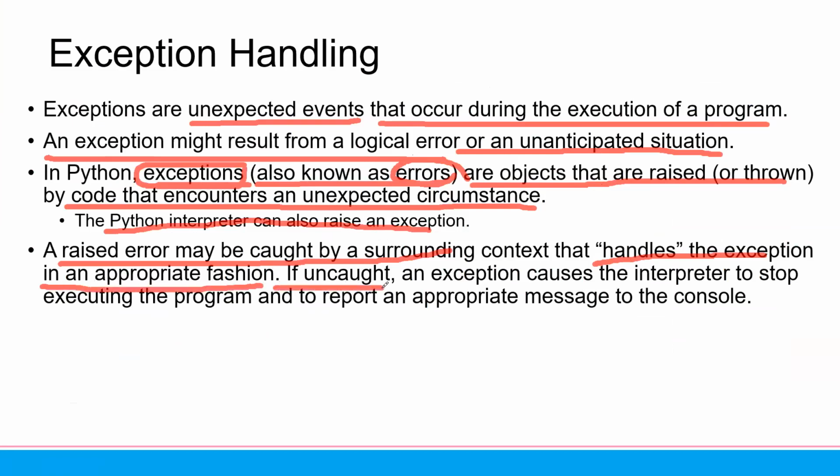If uncaught, or if we cannot catch the error, then the exception causes the interpreter to stop the program. So if you have a very long program and then suddenly you have an error, then your program will be stopped. In order to avoid that kind of stopping, you can use exception handling.